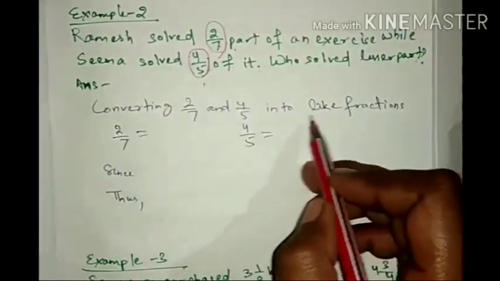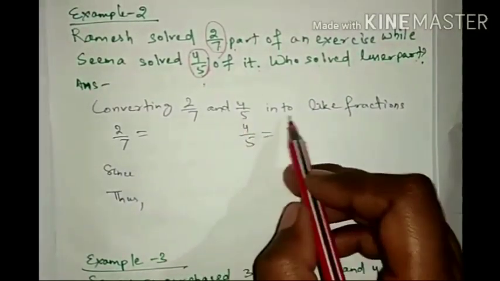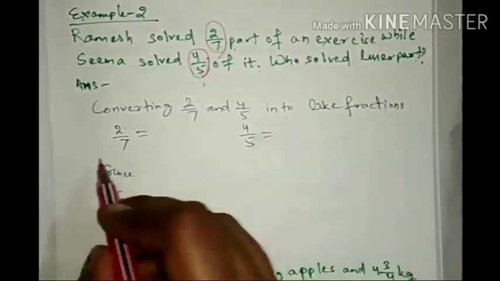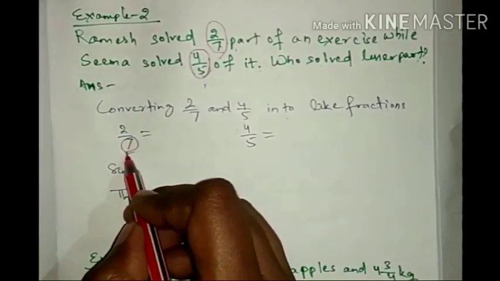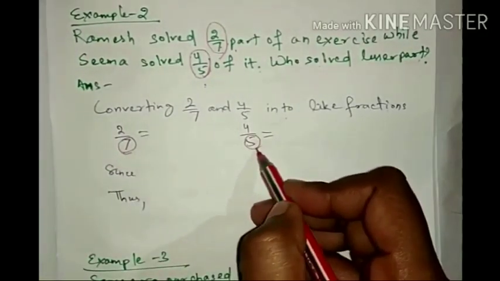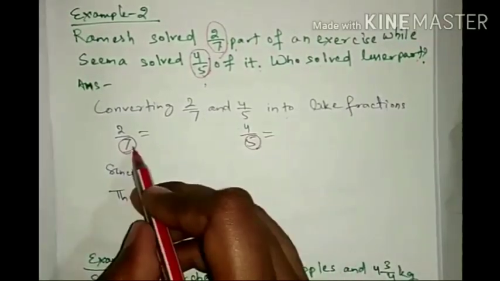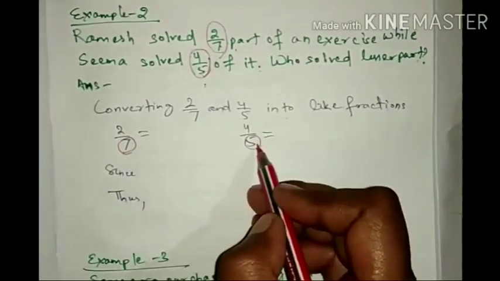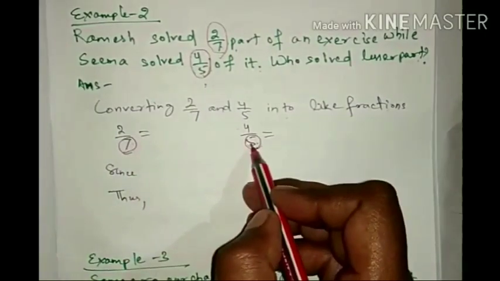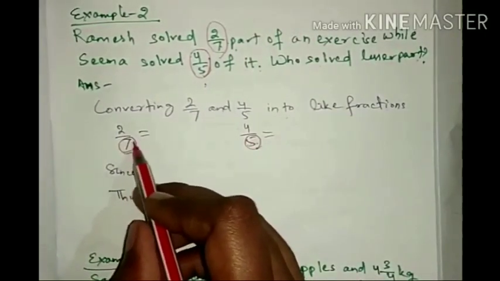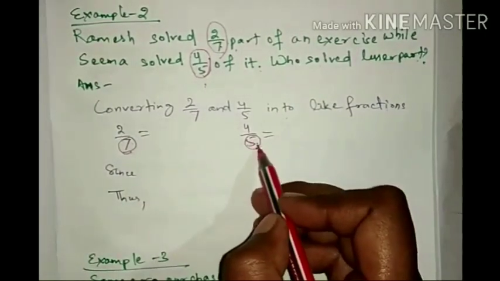So convert 2 by 7 and 4 by 5 into like fractions. Look, here the denominator is 7, here the denominator is 5.